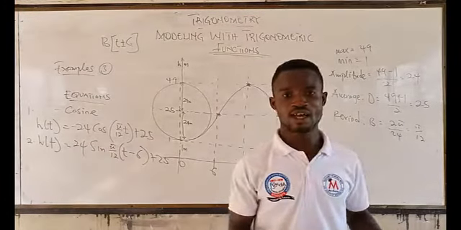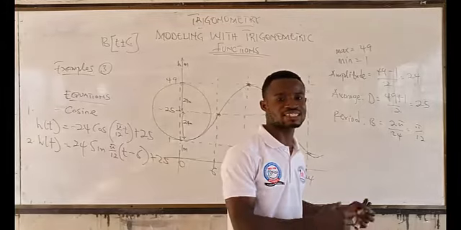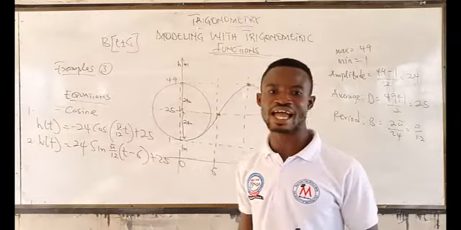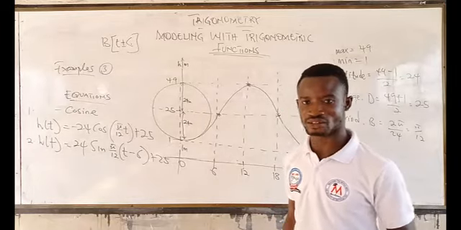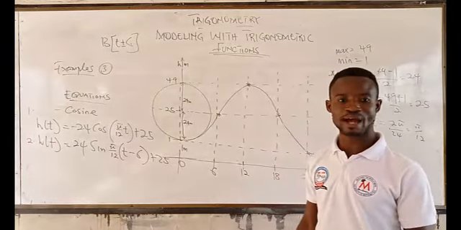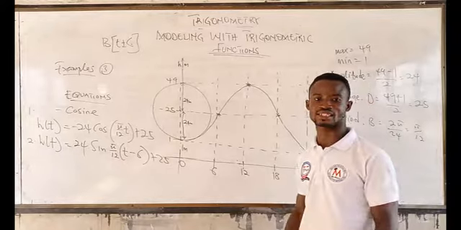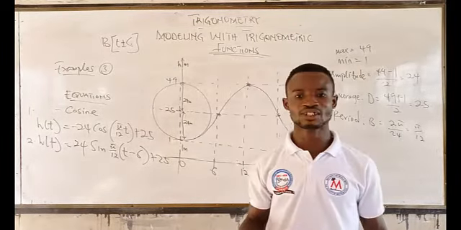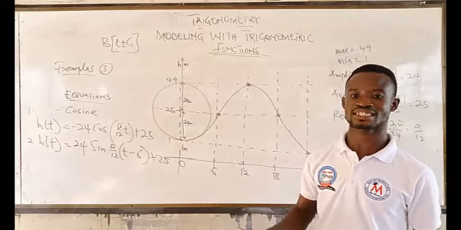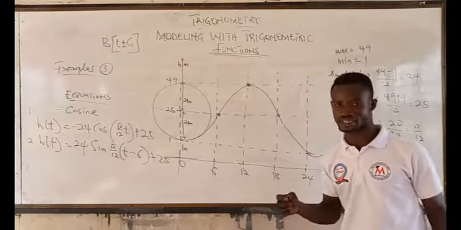So let's go for that. The question says that passengers get on the ride at a height of 13 meters above the ground, and it starts by riding. Write a sinusoidal function that describes the height of Armor from a starting point. So we are now going to write that.